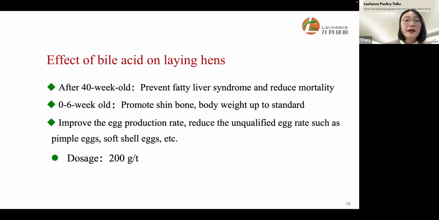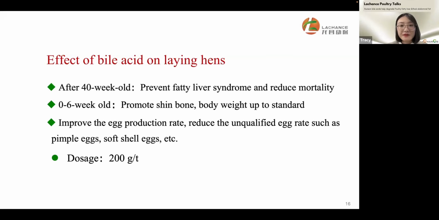And for 0 to 2-week-old laying hens, bile acids can promote shin bone body weight up to standard, and also help to improve the egg production rate, reduce the unqualified egg rate, such as pinhole eggs, soft shell eggs, etc. And the dosage of bile acids in laying hens that we recommend is 200 grams per ton.